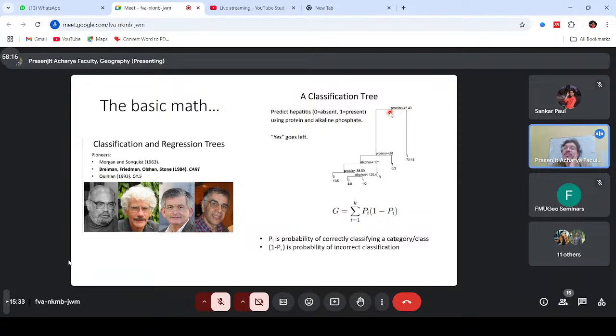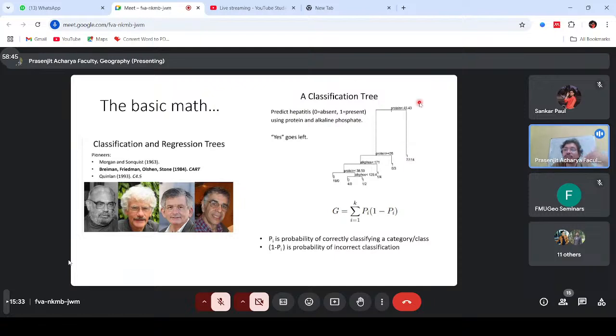Now, the one which is greater than 45.43 goes to the other side and it passes through another set of criteria. The next criteria is this, right? And it keeps on doing like this, splitting the vector space into more subclasses until it finds the minimum Gini impurities. And the question remains, why protein, why not alkaline phosphate? Imagine that I have tried all the values of protein and found the Gini impurities at descent.